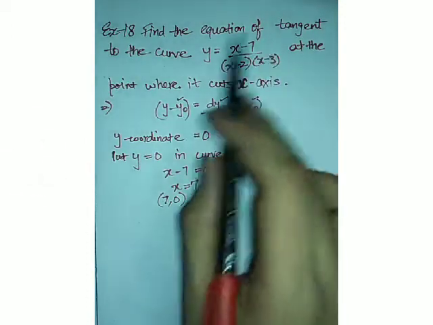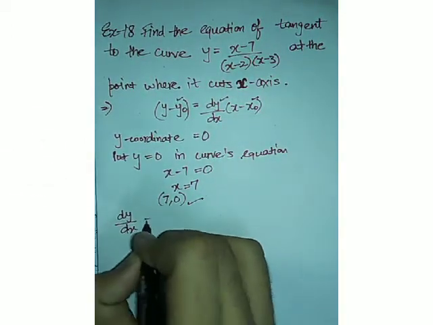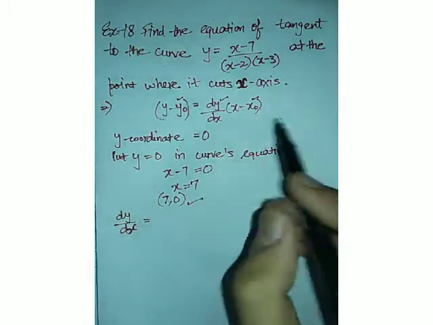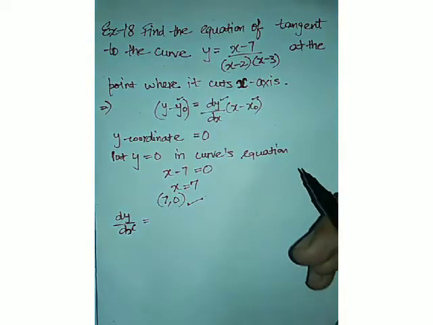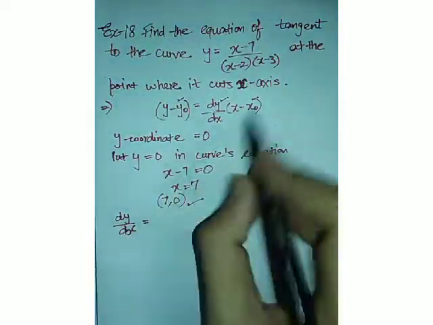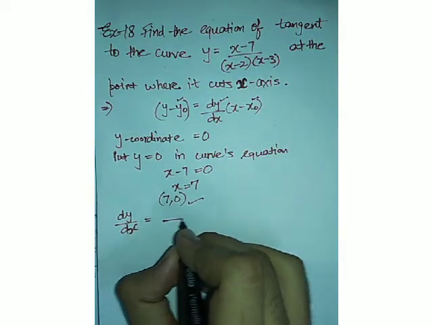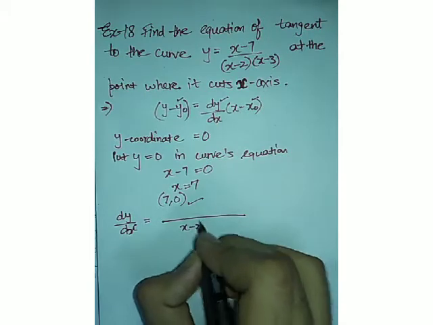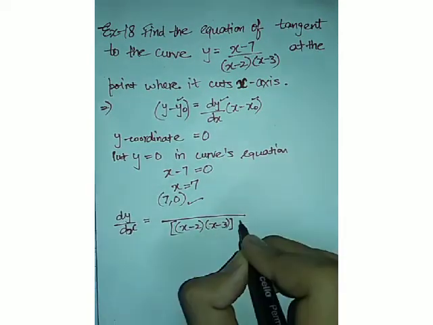Now we have to differentiate the equation of the curve to find dy upon dx. In the book they have solved the differentiation directly, so I will be solving it using proper steps and proper formula. Here we can apply u upon v, so it's v square, that is x minus 2 x minus 3 whole square.